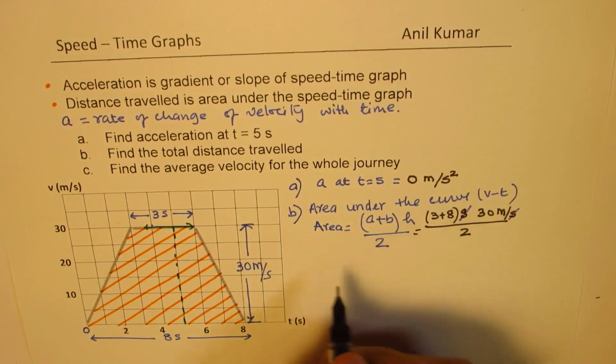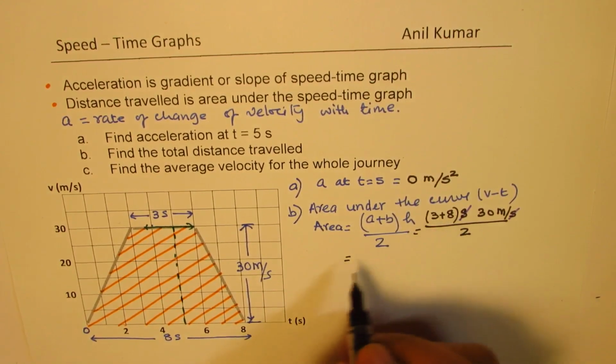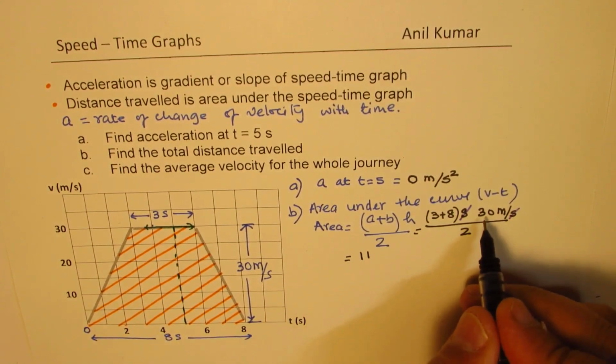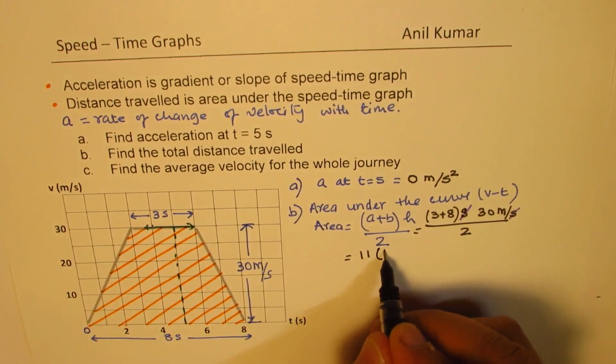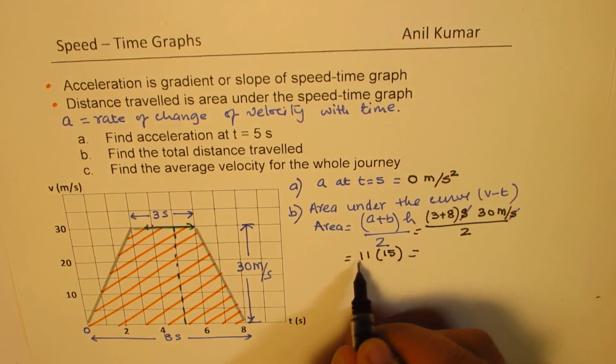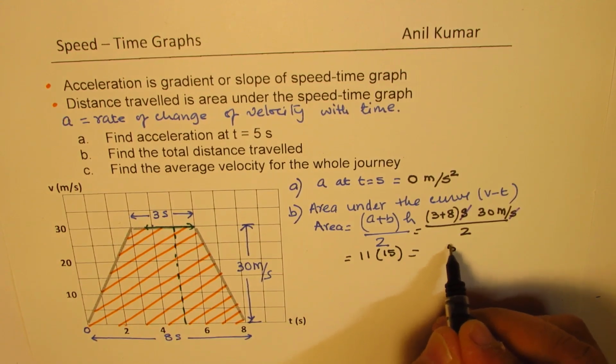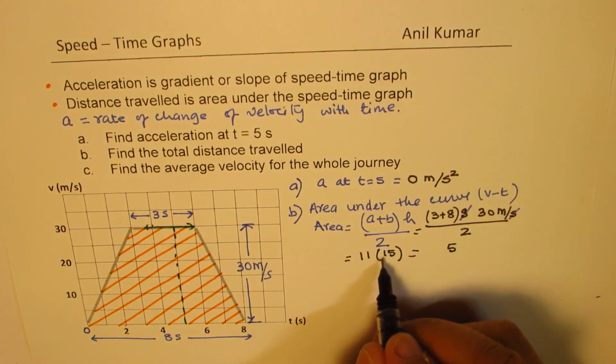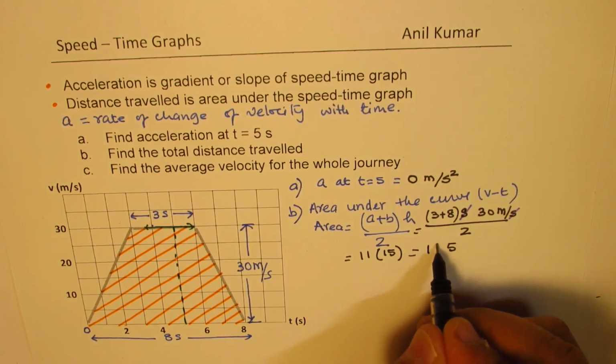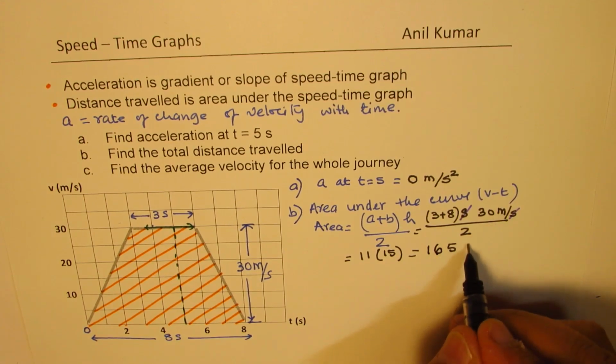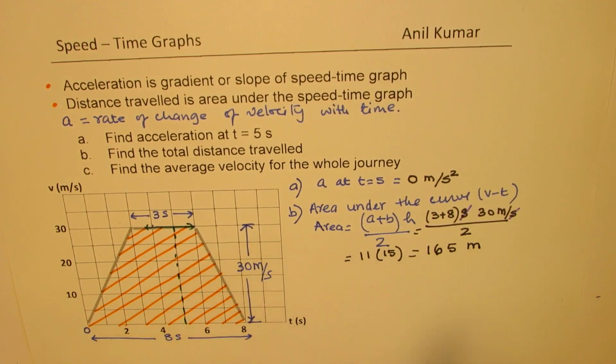So let's calculate this value. We get 3 plus 8 as 11, and 30 divided by 2 is 15, correct? So 11 times 5 is 55, 11 times 1 is 11. Adding, we get 165. Units, as you can see, is in meters. So that becomes the distance traveled during these 8 seconds, correct?